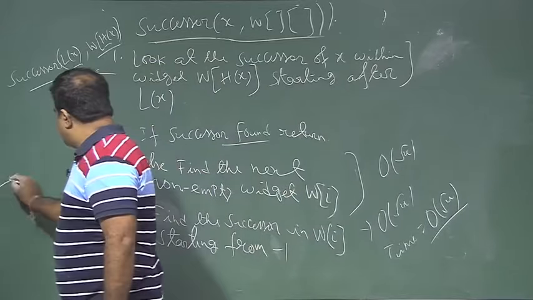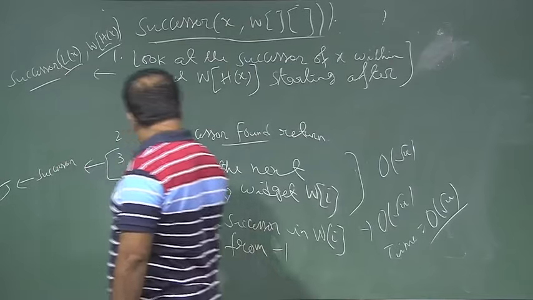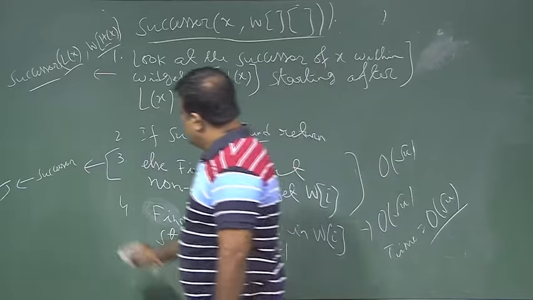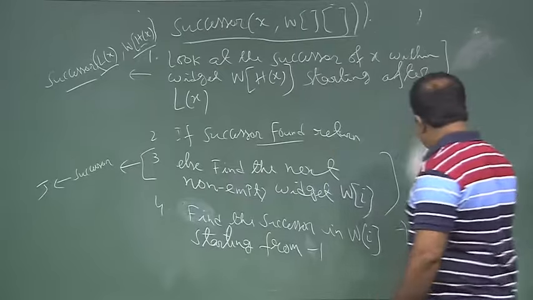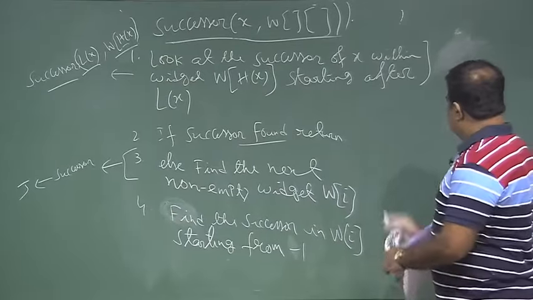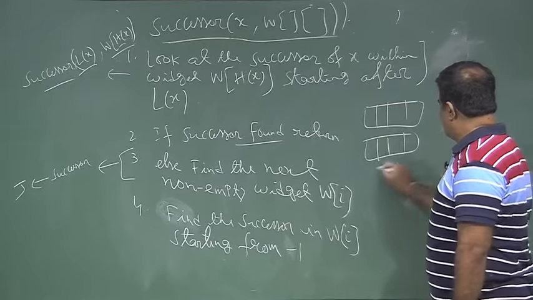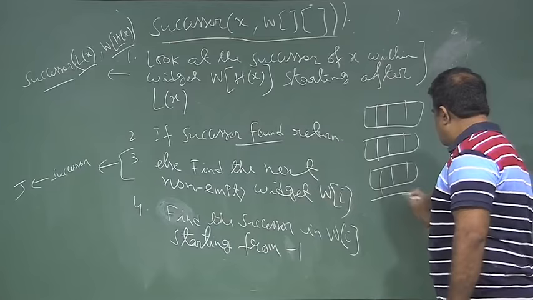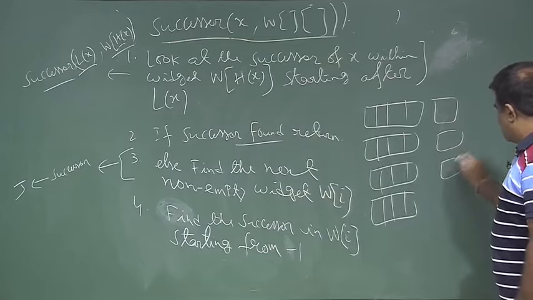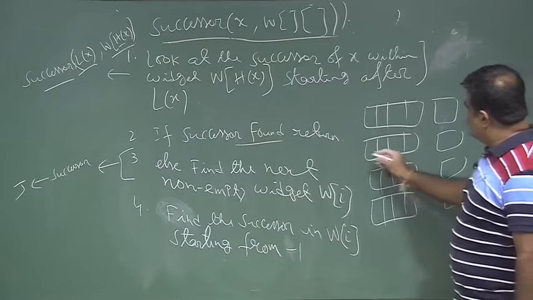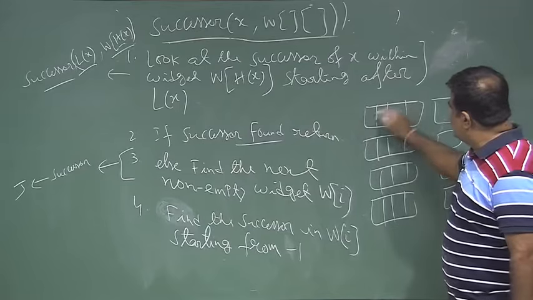This is basically giving us the successor of what? Basically, what we are doing here is, these are our blocks and these are our non-empty bits. Suppose x is belonging here.